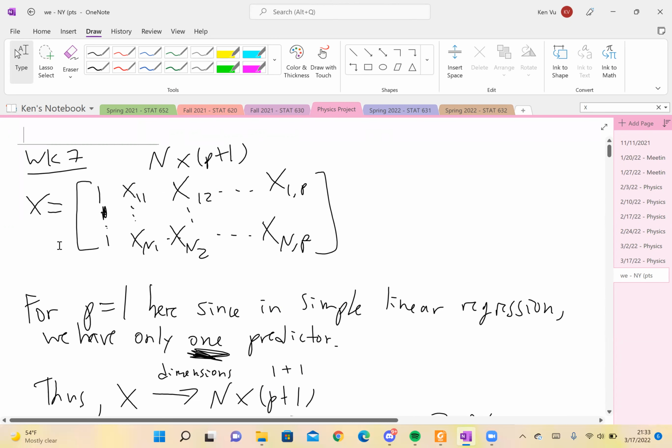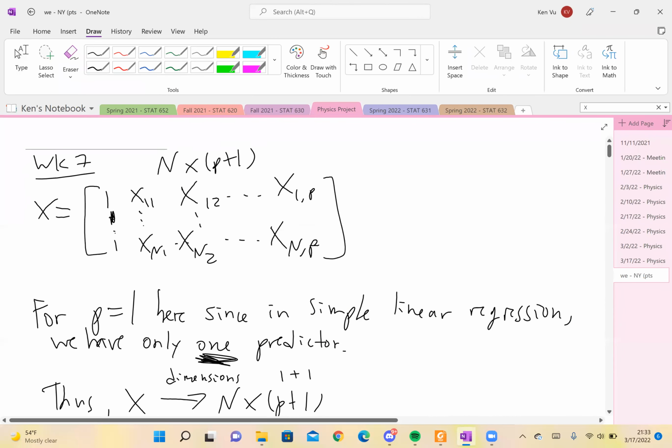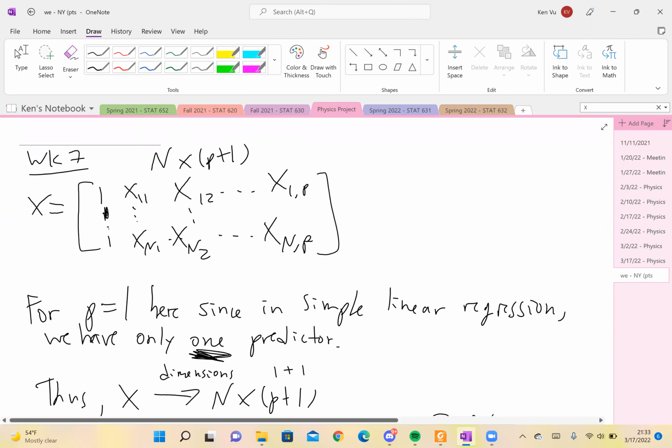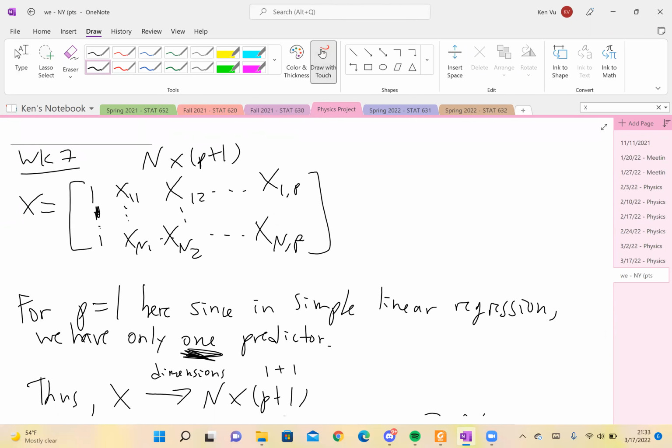There are n rows and p plus 1 columns. However, in this problem we're talking about simple linear regression, an equation like this: y equals beta naught plus beta 1x plus e, meaning the error.